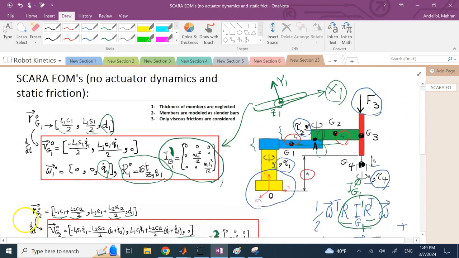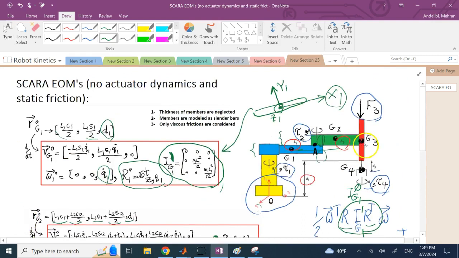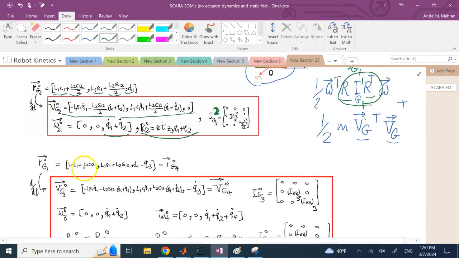Then we go to member 3, the red member here. The coordinate for the centroid of it is the end point of member 2, and also it has this D3. So it is L1 C1 plus L2 C12, L1 S1 plus L2 S12, and then D1 minus Q3. You see here it's not L2 over 2, it's the entire L2. Q3 positive direction is considered downward, so when it's positive, it's going to go down.